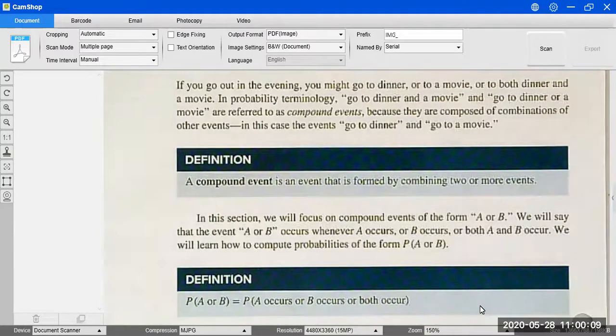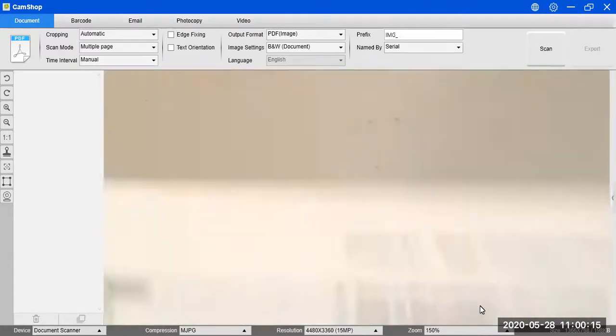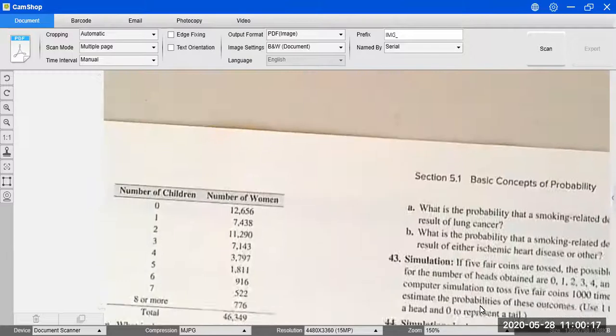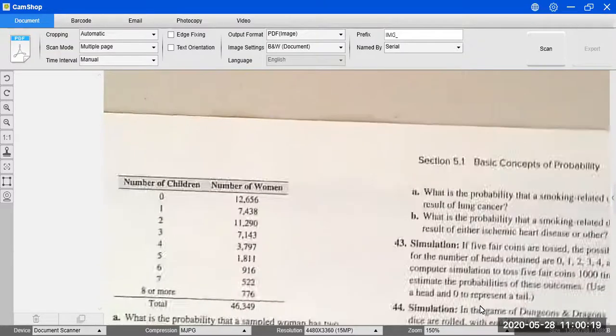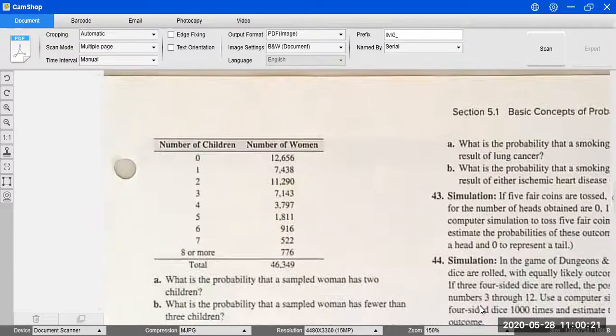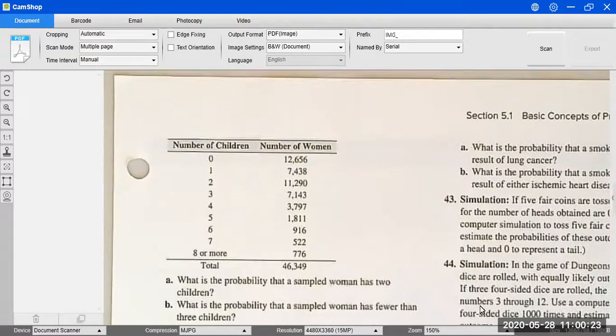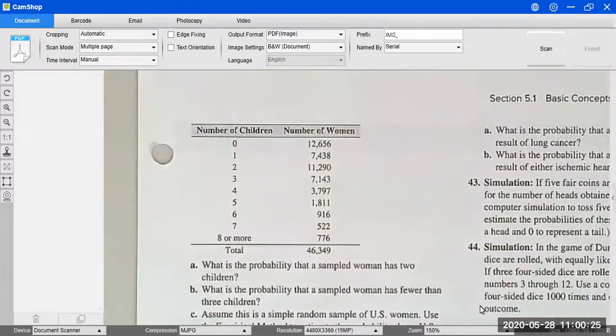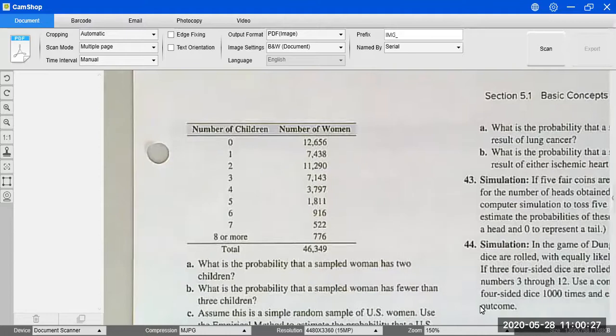To understand this definition of a compound event, we're going to work on problem 40 on page 214 that I gave you the last time. That problem was based on this frequency distribution of the number of children that some women had.